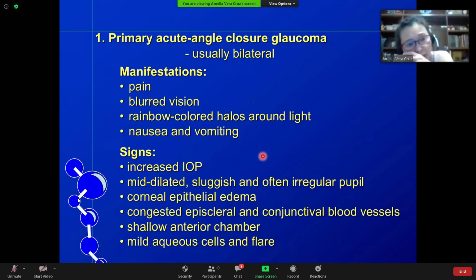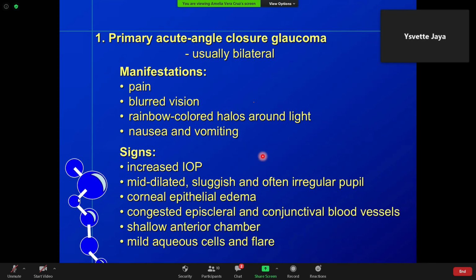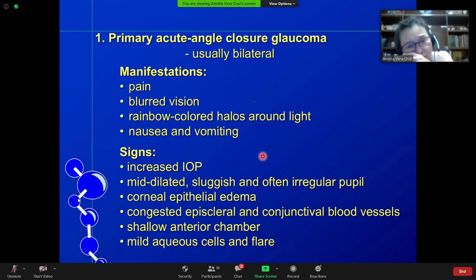Especially in glaucoma, bakit mayroong ganyan? Let's talk physics again. Optics and refraction. Kasama yan sa optics and refraction, bakit nga ba mayroong ganyan?